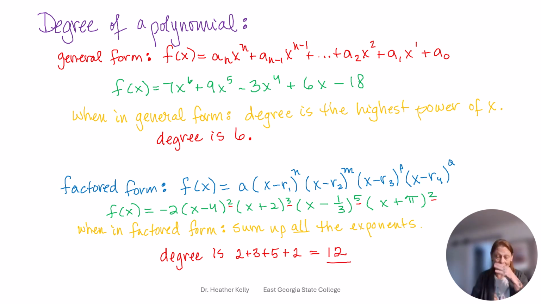But it's important that you can recognize the difference when it is in factored form, which, by the way, is going to always be our desired form. If we can have something written in factored form, then we can do a lot more things with it than if it is in general form. So our goal this chapter is to make it so that we can do everything in factored form.